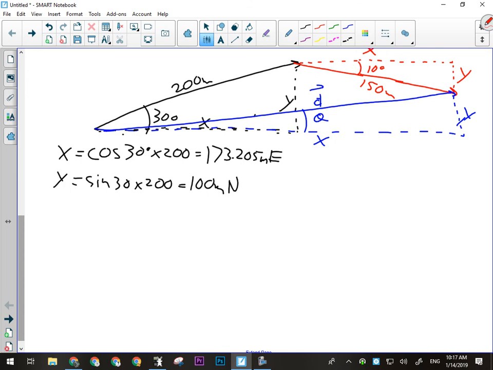Now I need to do the same thing for the red triangle. So I'll have red X and red Y. For this one, X is again the adjacent side. So I'll have the cos of 10 degrees times 150. And for Y, I'll have the sine of 10 degrees times 150.